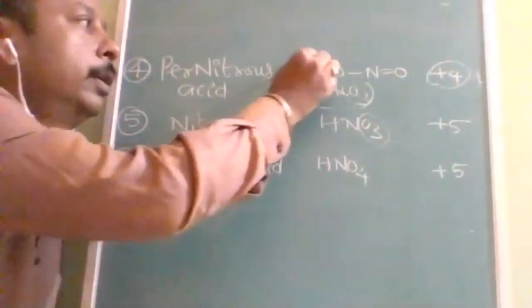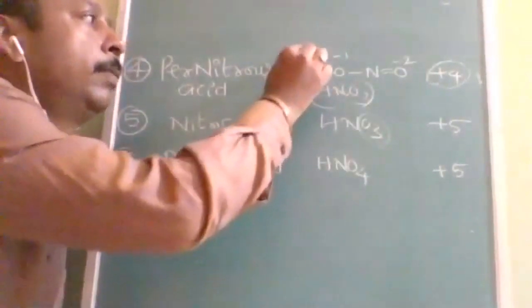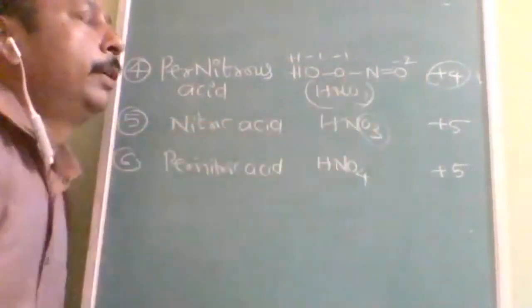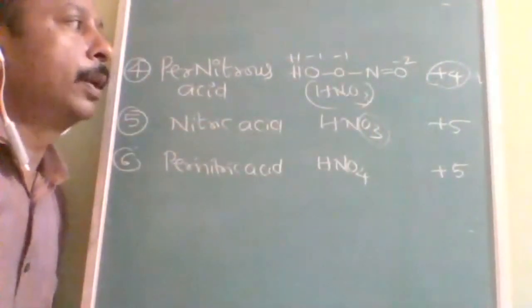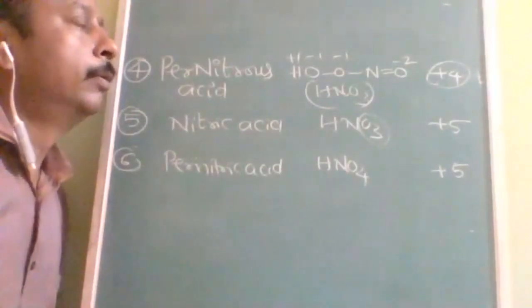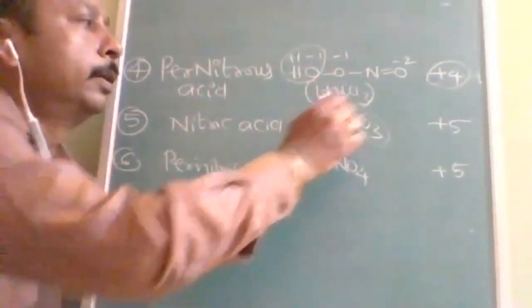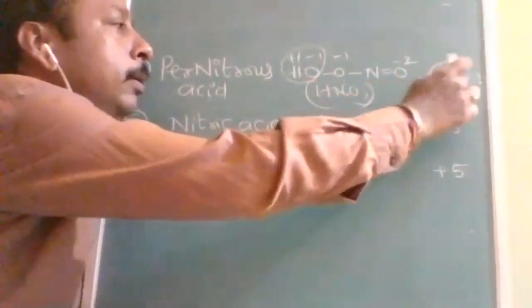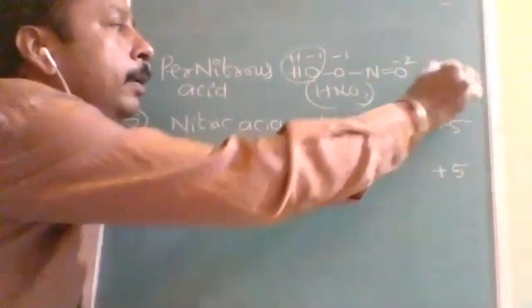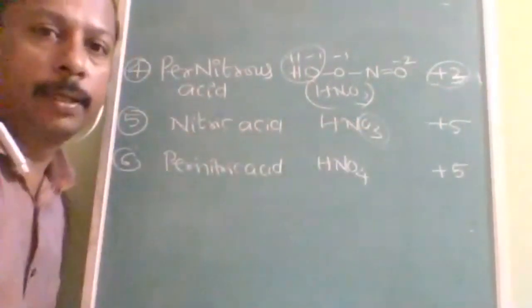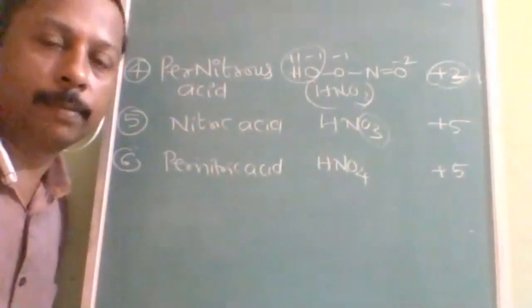So if you count like this, you will get the answer. Sorry, it will be +3. So the oxidation number of nitrogen in pernitrous acid is +3.